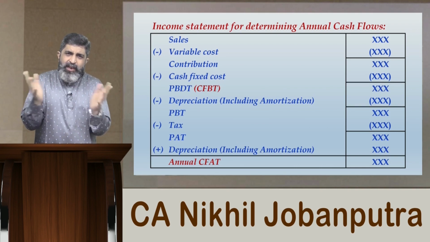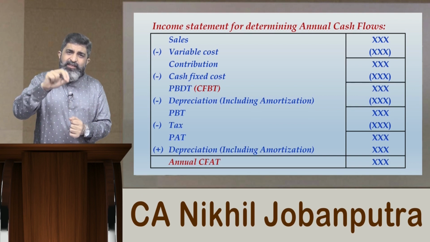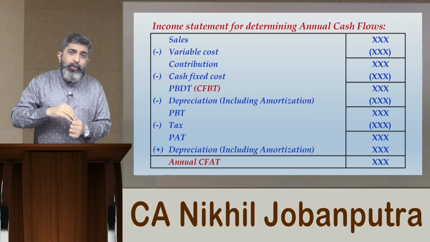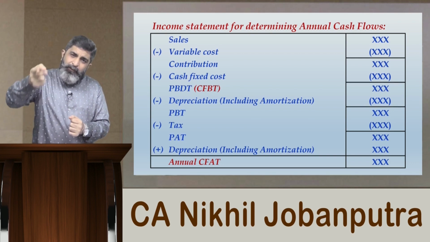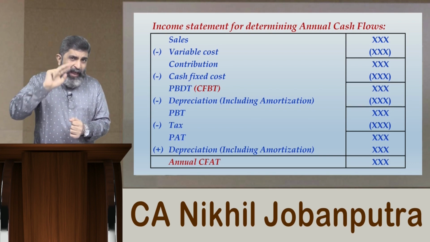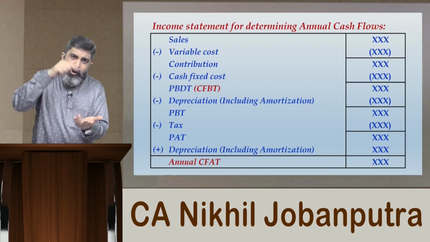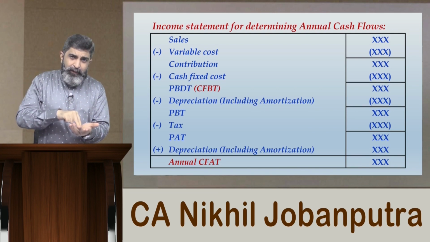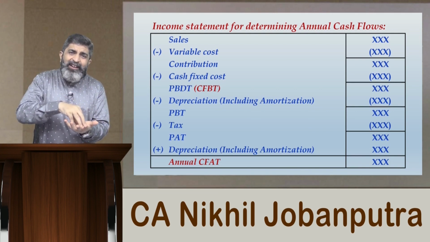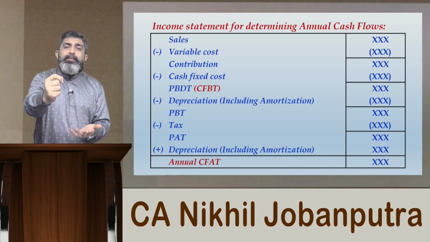Depreciation and amortization, I am just clubbing up both of these. In my business, it is 2 lakhs every year. So from 10 lakhs of profit before depreciation and tax, I first subtract 2 lakhs to arrive at profit before tax. This profit before tax will be 10 lakhs minus 2 lakhs, that is 8 lakhs. When I land up at 8 lakhs, then I come to know that 8 lakhs is my taxable profit.